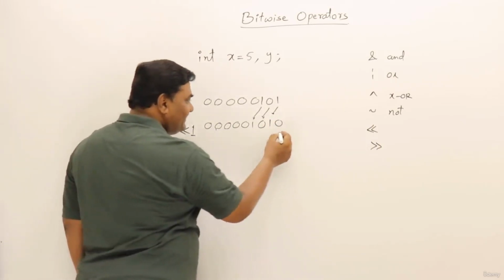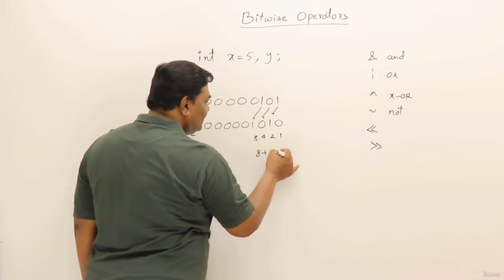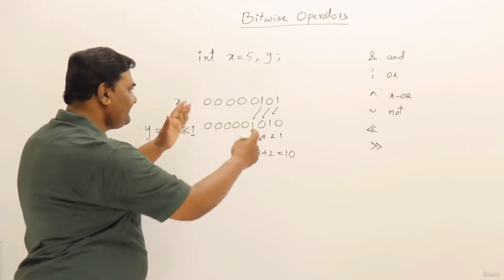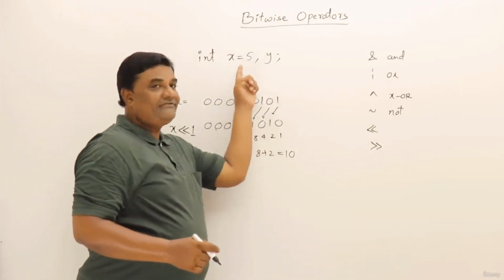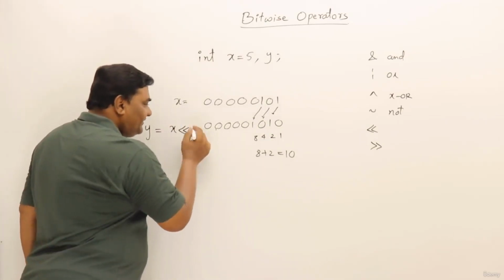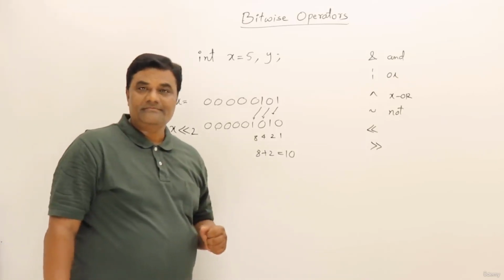Now how much is this? This is 1, 2, 4, 8. So this is 8 plus 2, this is 10. So actually what has happened is when you shift all these bits on the left hand side by one space, then this 5 will get multiplied by 2. If you move them by 2 spaces, then it will get multiplied by 4.